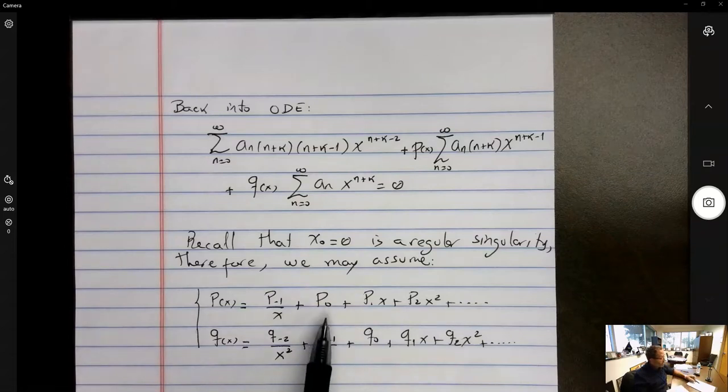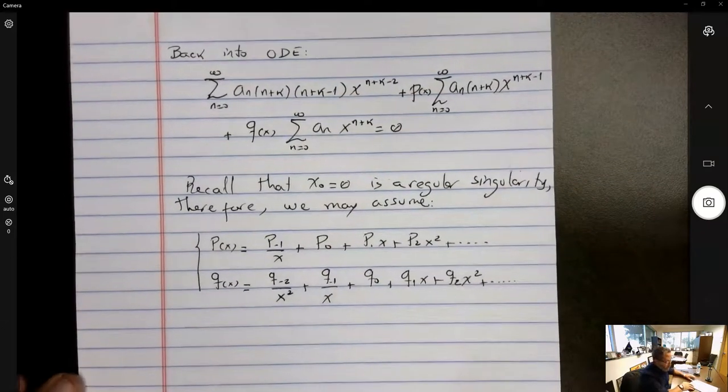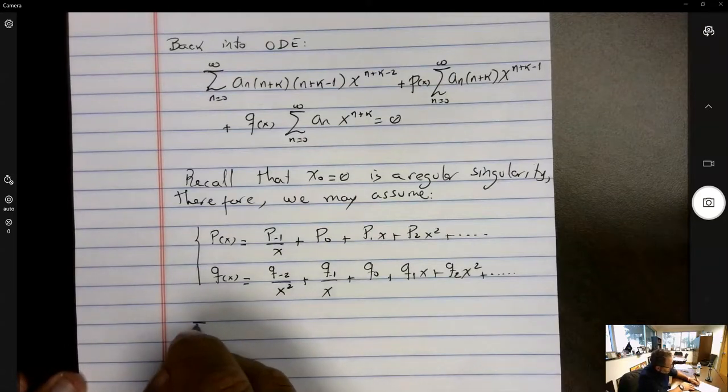So I'm going to take these, plug them back into the differential equation, and that is going to result in the following.